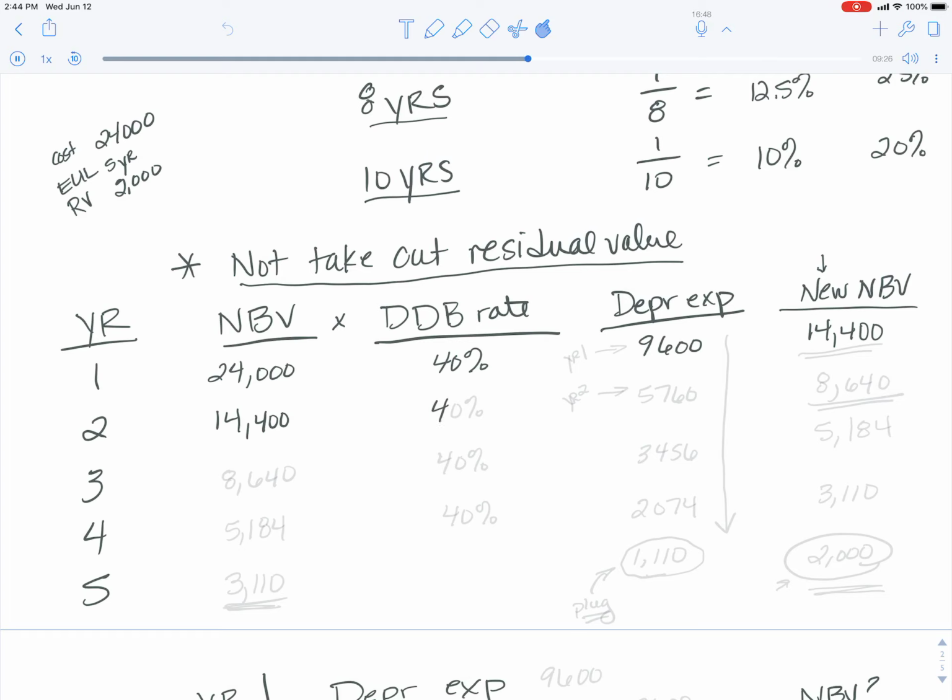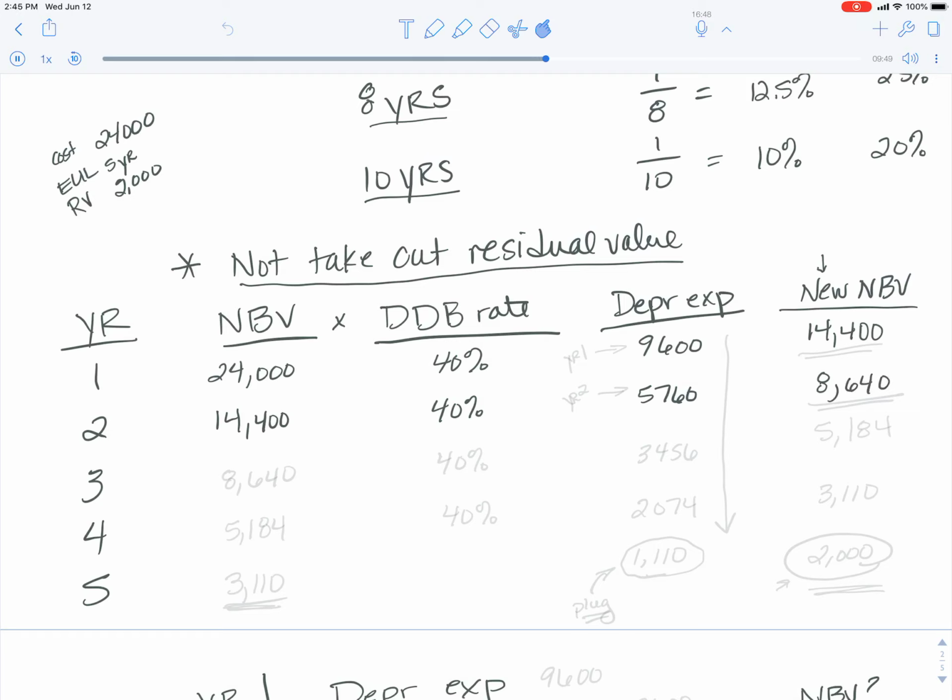We're going to use the same 40% rate. So multiply 14,400 times 40%, and you're going to get 5,760. So if you take 14,400 minus 5,760, that is your new net book value of 8,640.